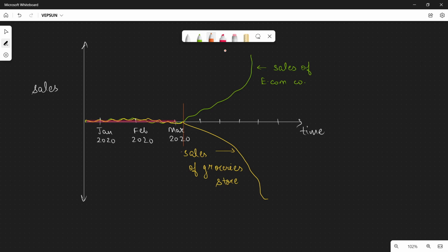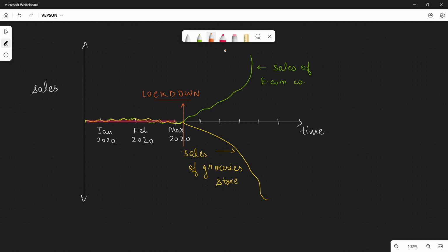And because of lockdown, what happened is the grocery stores, the physical shops were all shut down, and we could not actually visit them. They were shut down, and we as consumers were actually left with just one alternative, and that was the e-com companies.